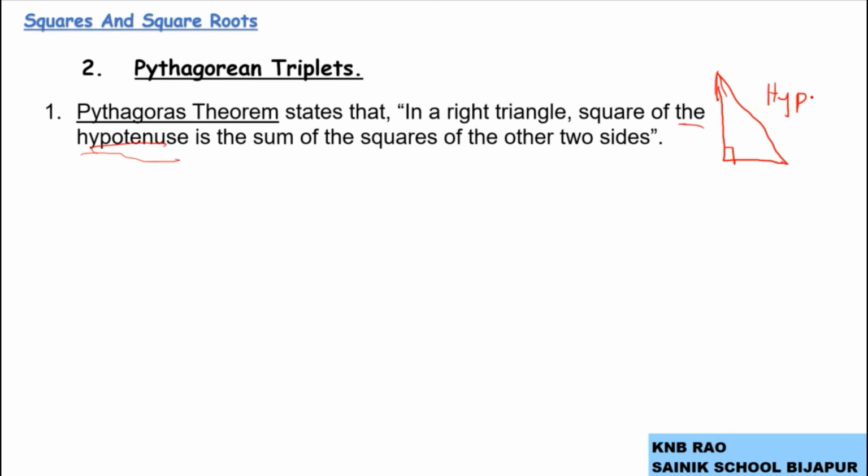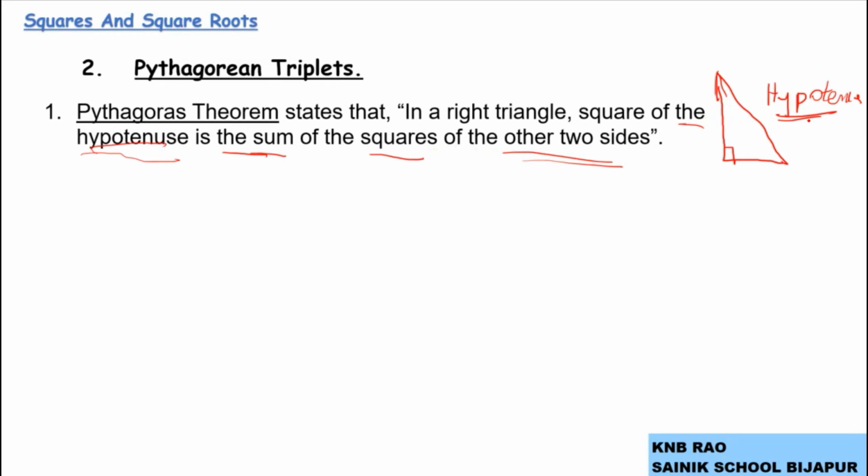So this is called hypotenuse. We have longest side of a right angle triangle being hypotenuse. So square of this hypotenuse is the sum of squares of the other two sides.